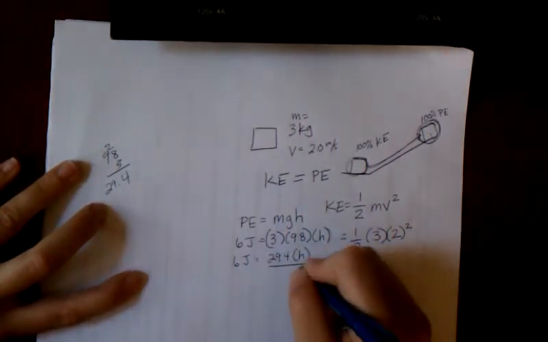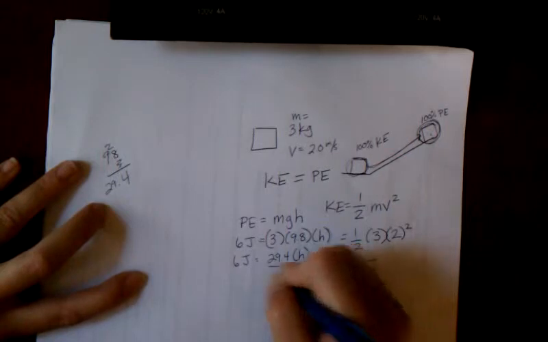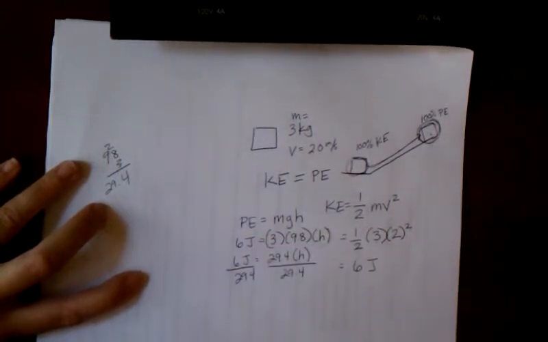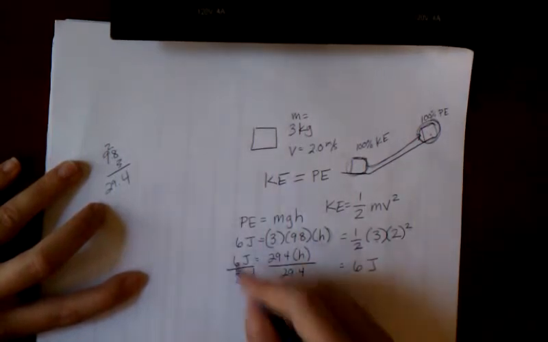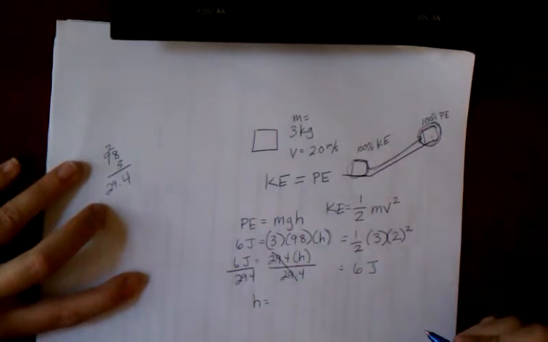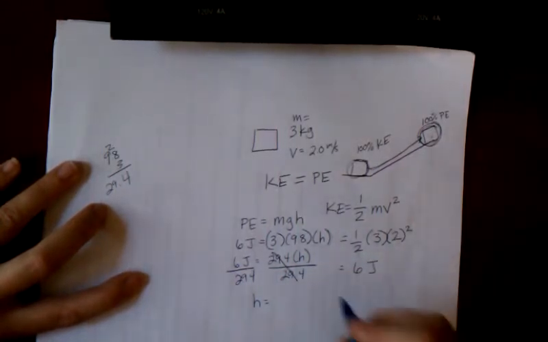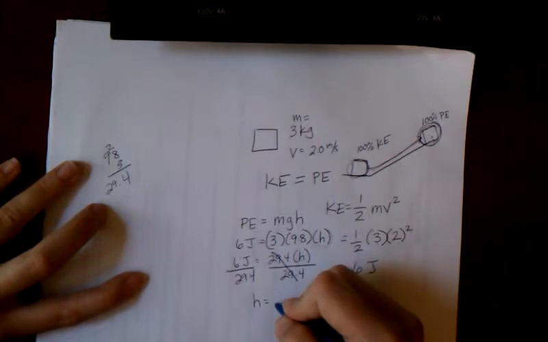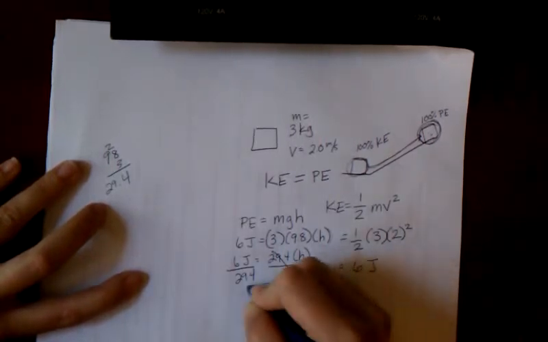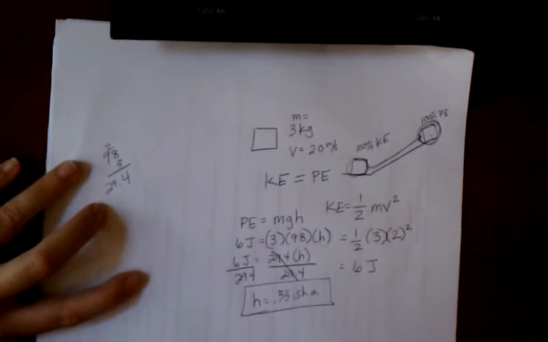Then I want to divide both sides by 29.4. You're going to get some small number because the box is not going to go very far up the ramp. 6 divided by 29.4, and I'm sorry, I didn't do the math ahead of time. It's about 1/3-ish, so maybe 0.33-ish meters. You can do that math if you want to see how that equals out.